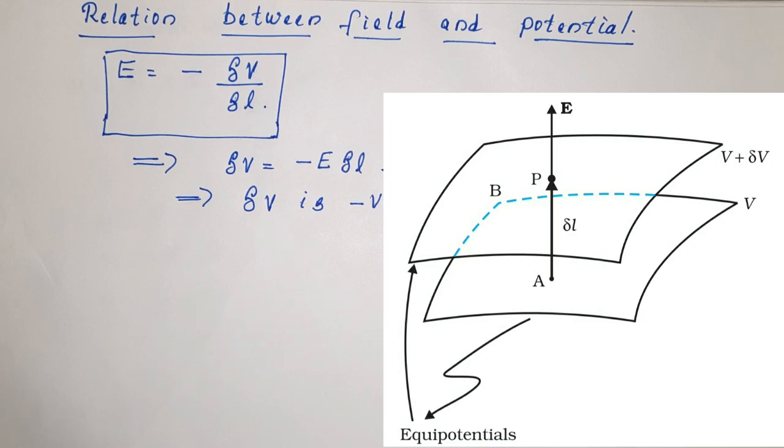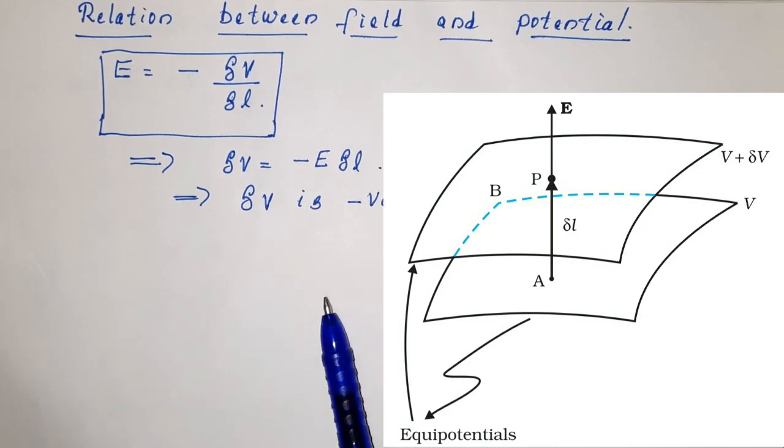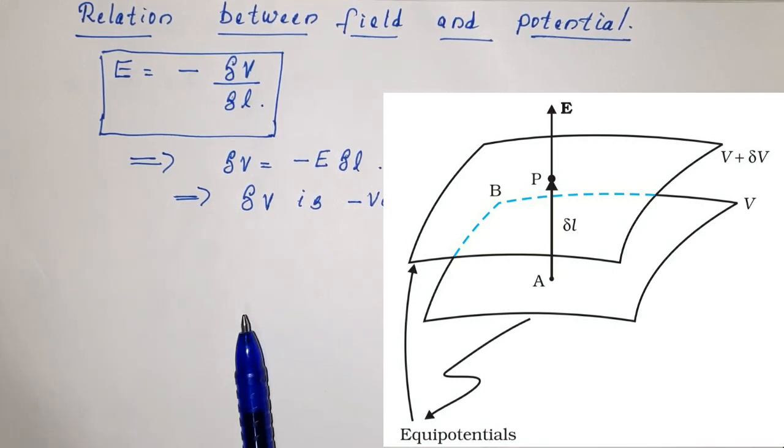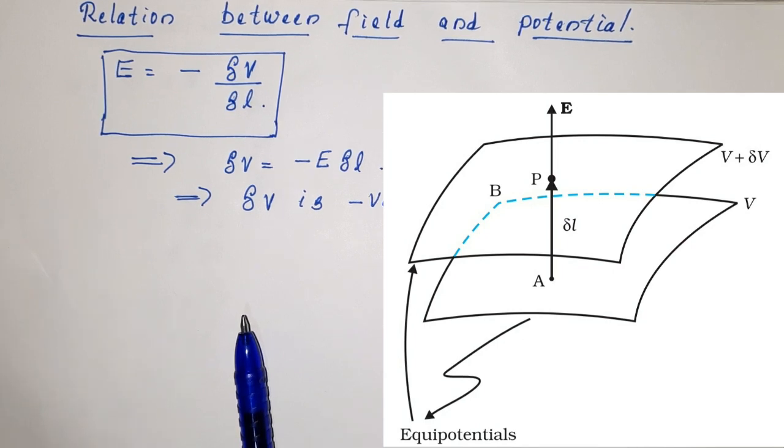Is the potential increasing or decreasing? We said delta V is negative, which means there is a decrease in potential. Or in other words, electric field is in the direction in which the potential decreases steepest. Or electric field is in the direction in which potential decreases. So that is an important conclusion which we can make here.